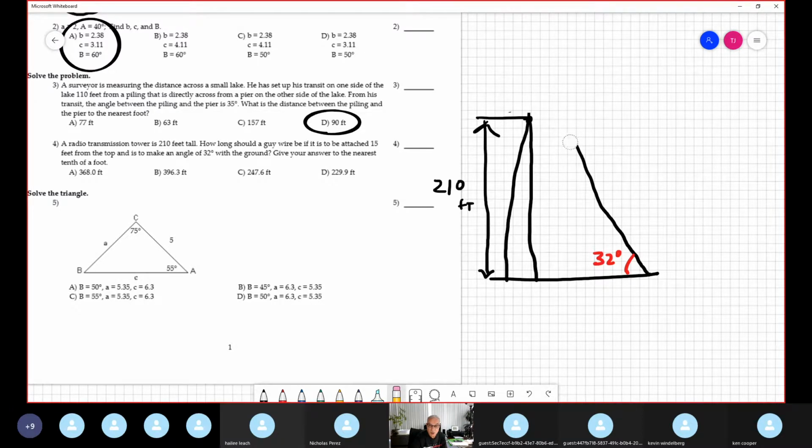She says it's not like that. So 15 feet below, and the wire is connected from this to this. Because, let me see, attaching 15 feet from the top, but no specification if it's above or below. But it makes sense that it's below, no? What do you think? Opinion?